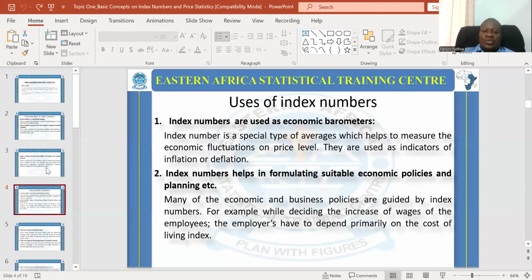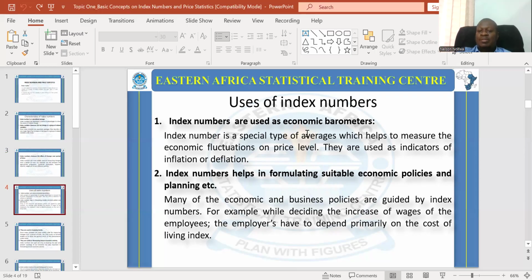Let's now see the uses of index numbers. We have several uses. The first use of index numbers is as economic barometers.